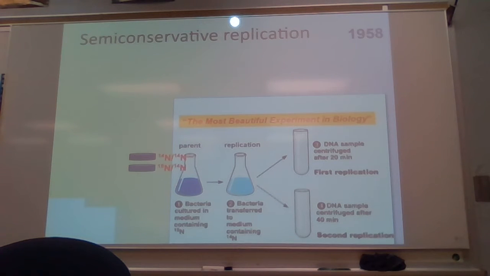So back in 1958, this experiment showed that DNA replicates via semi-conservative replication. The scientists that did this experiment were Meselson and Stahl.